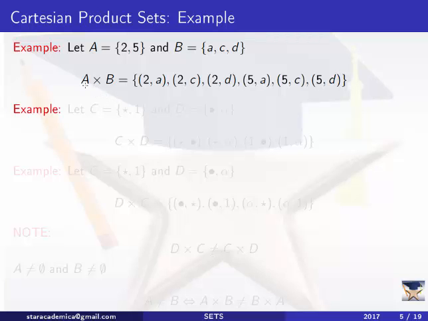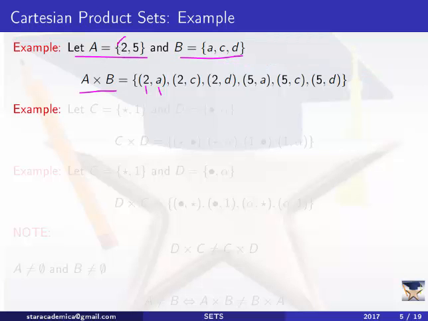We continue with the examples. Say we have a set A, {2, 5}, and set B, which consists of a, c, and d as elements. A cross B: we are going to construct tuples where the first entry comes from the set A and the second entry comes from the set B. So let us keep an order.